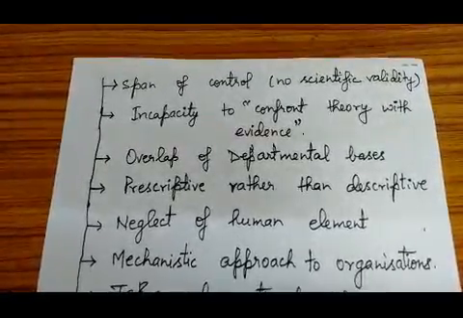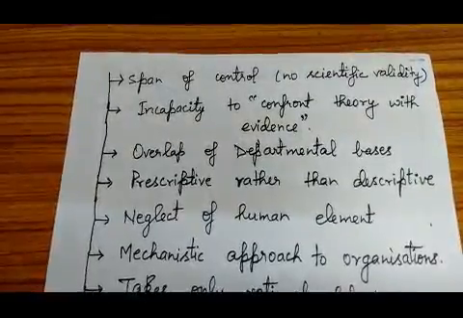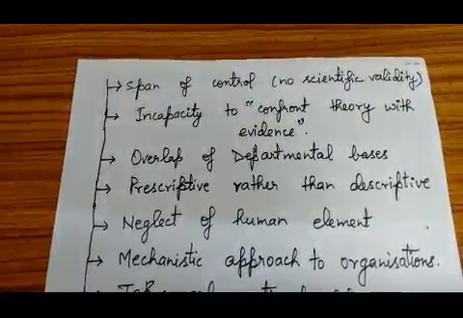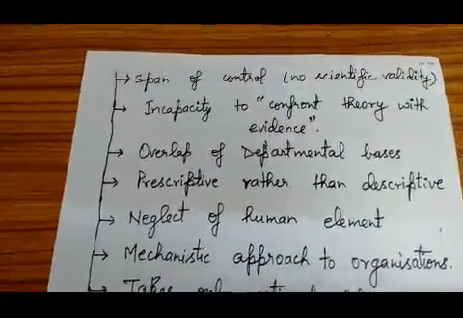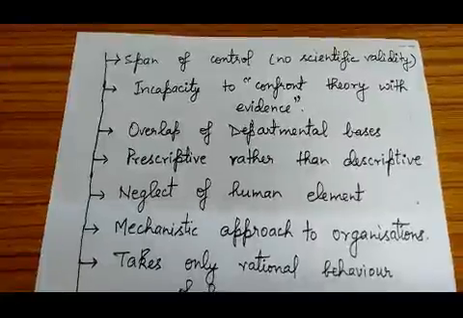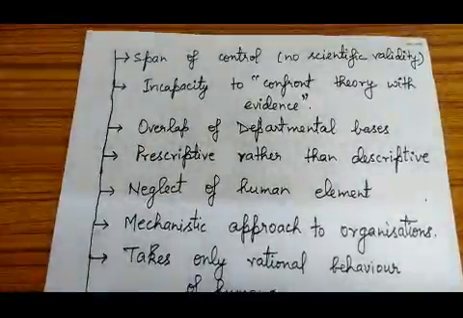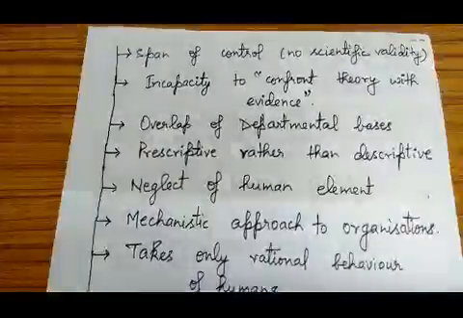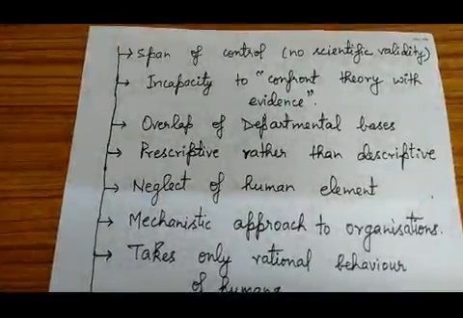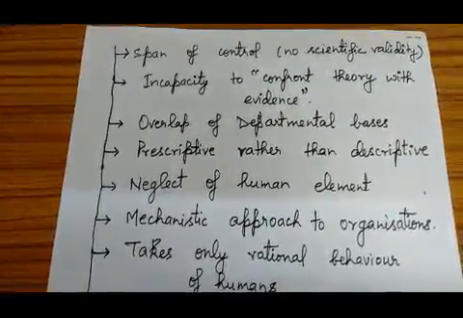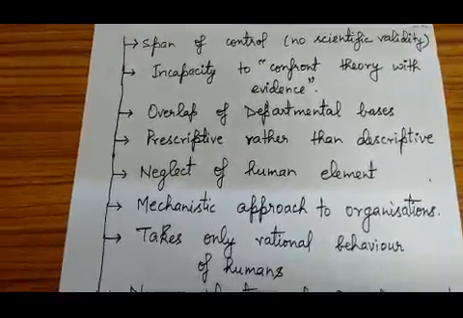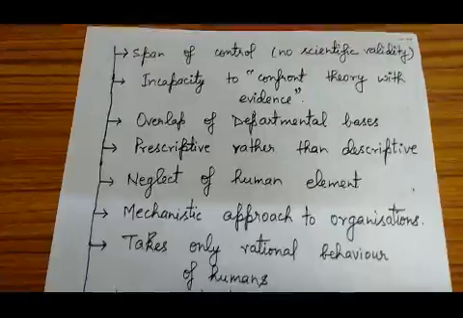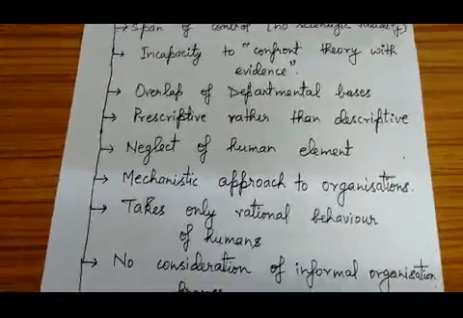They have just given the theory, but there is no evidence that the principles they are giving will be applicable in any situation. Then overlap of departmental bases. The four bases they have given are purpose, people, place, and one more. They actually overlap each other, and organizations are built taking care of all the bases rather than one single base, but still they are important.